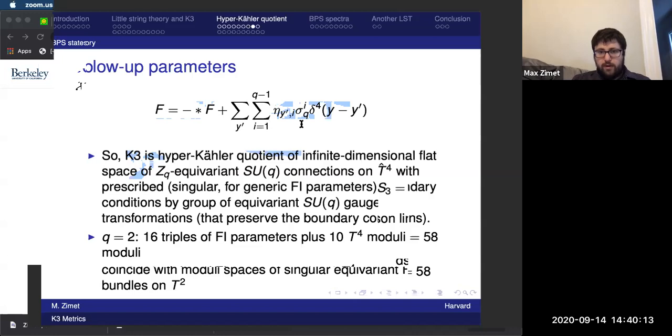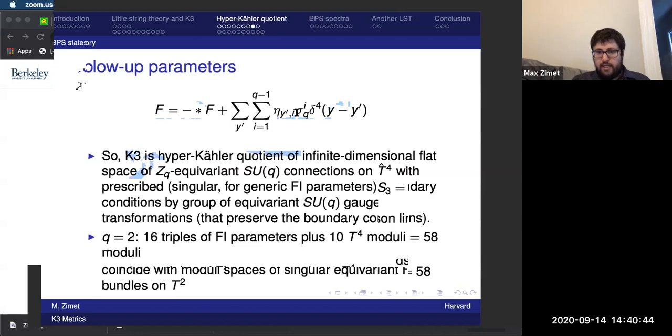But when these parameters are small, there's a particularly nice perturbative description. Just zooming out a bit, for every possible torus orbifold of K3, we're just focusing on ZQ orbifolds for simplicity here, but it works the same for the non-abelian orbifolds also, you get a construction of this sort that presumably covers the entire moduli space of K3 surfaces.